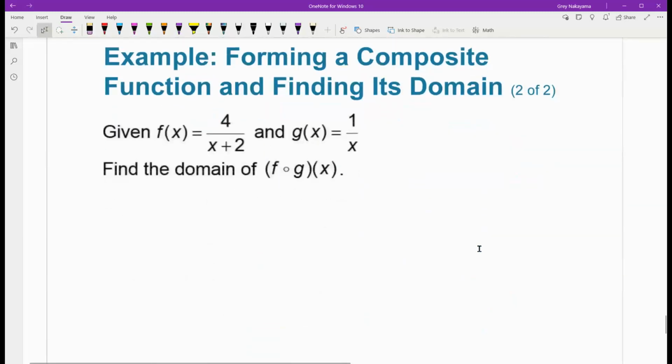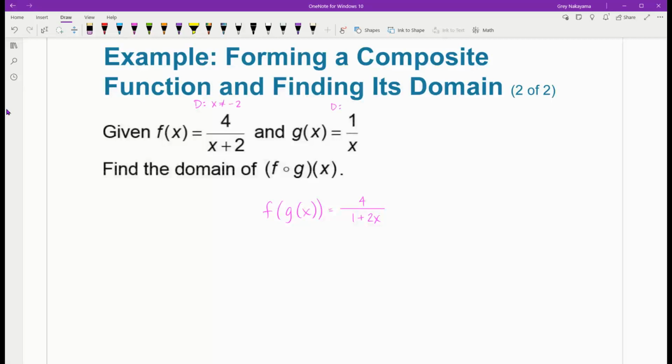Now, on the second part of that, we have to find the domain of that composition. So I'm going to carry that from what we just did on the slide before. That was my composition. Now I have to figure out the domain. And so it's always a good idea to find the domain of everything. It's good practice. So in f, my domain is x cannot be negative 2.